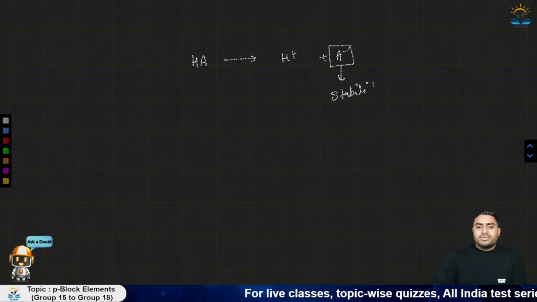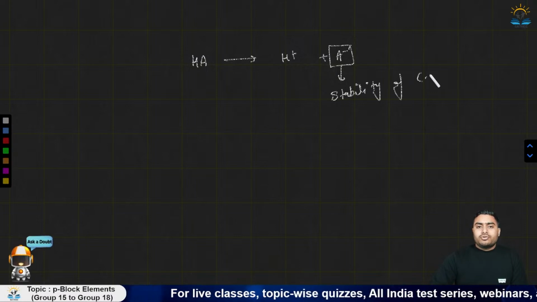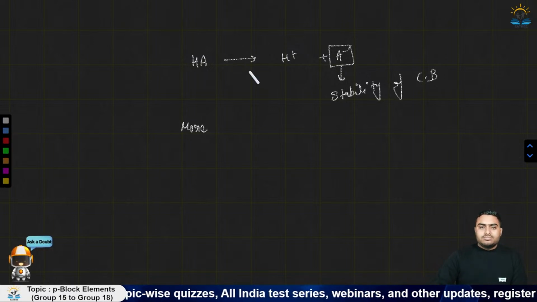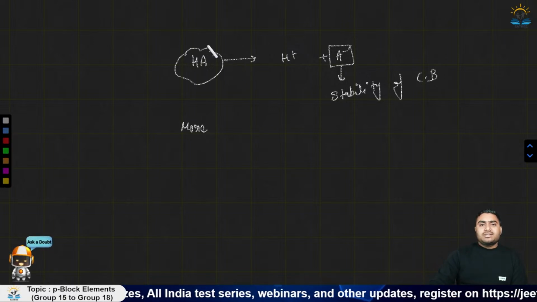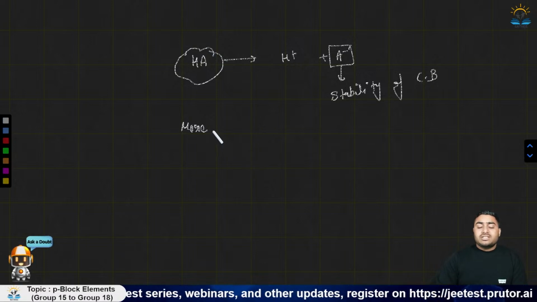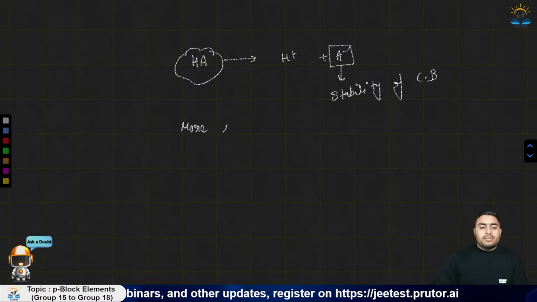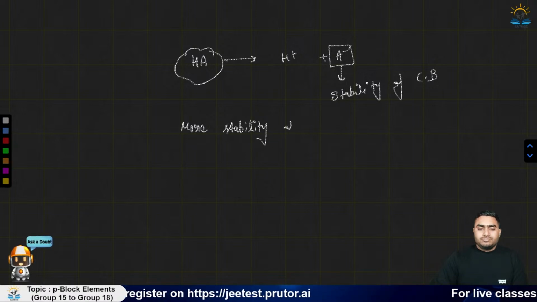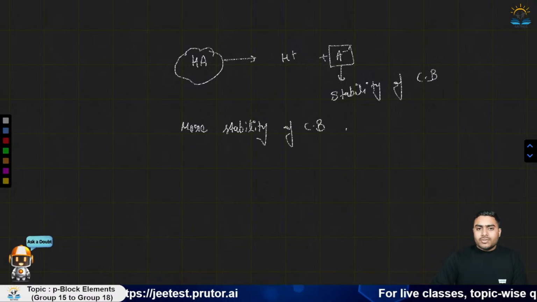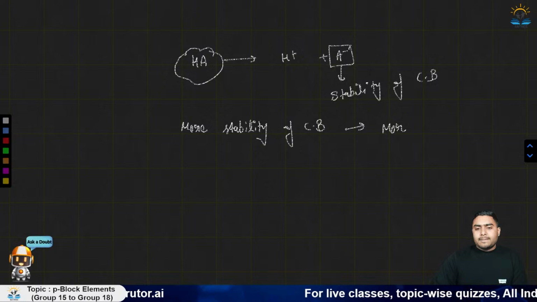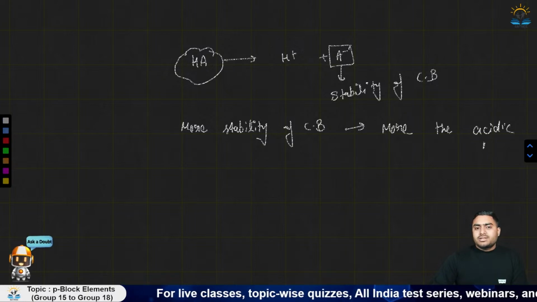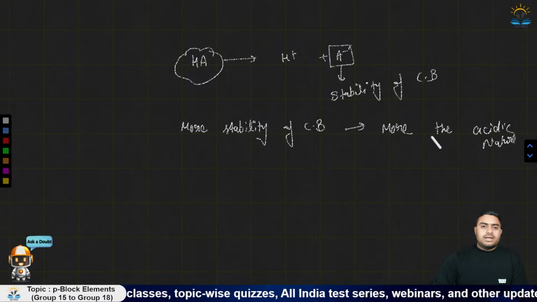The more the stability of the conjugate base, the more acidic the acid, so the acidic nature of this acid will be more.